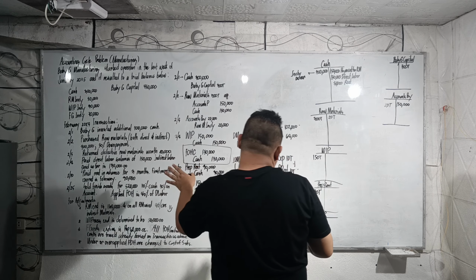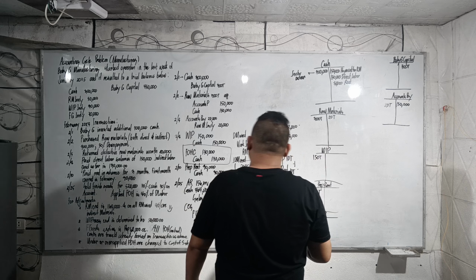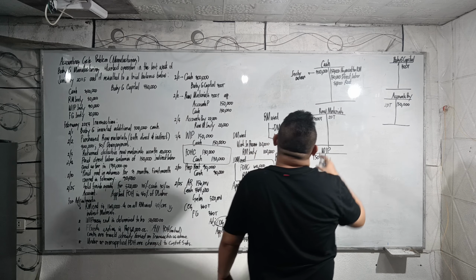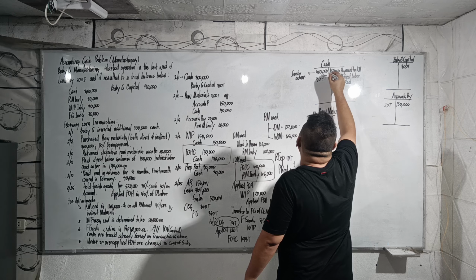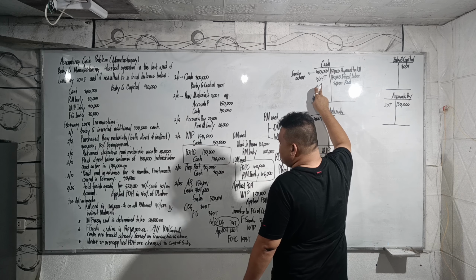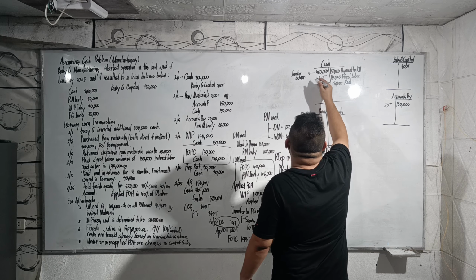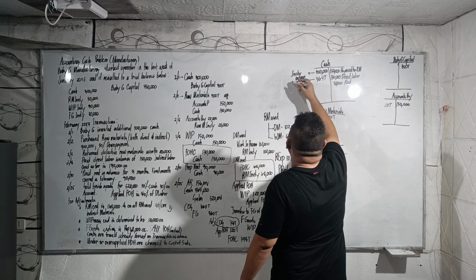I hope you still remember that. So we have accounts receivable 156,000. What we have here is 364,000 in the cash ledger, and these are considered as received from customers.